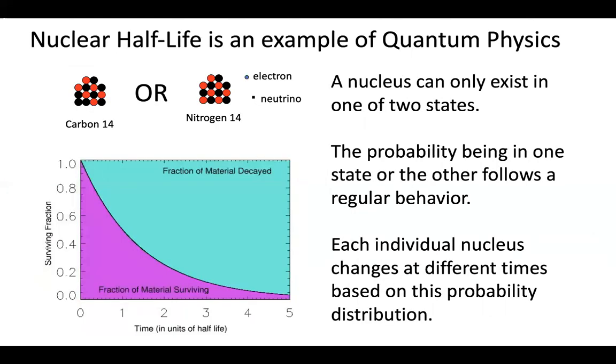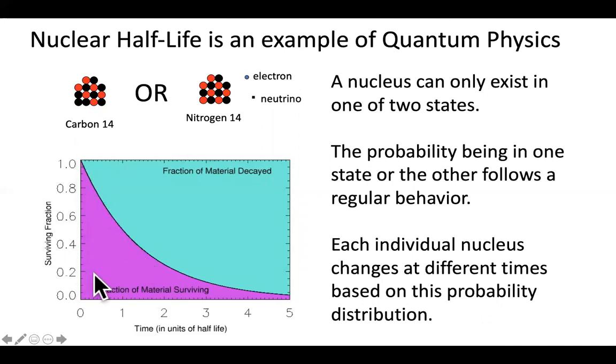So if we look over time, the probability that any given carbon atom has remained that nucleus or has transitioned to another nucleus follows a trend like this. Now, this is a real probability distribution, and each individual particle has some probability to transition.